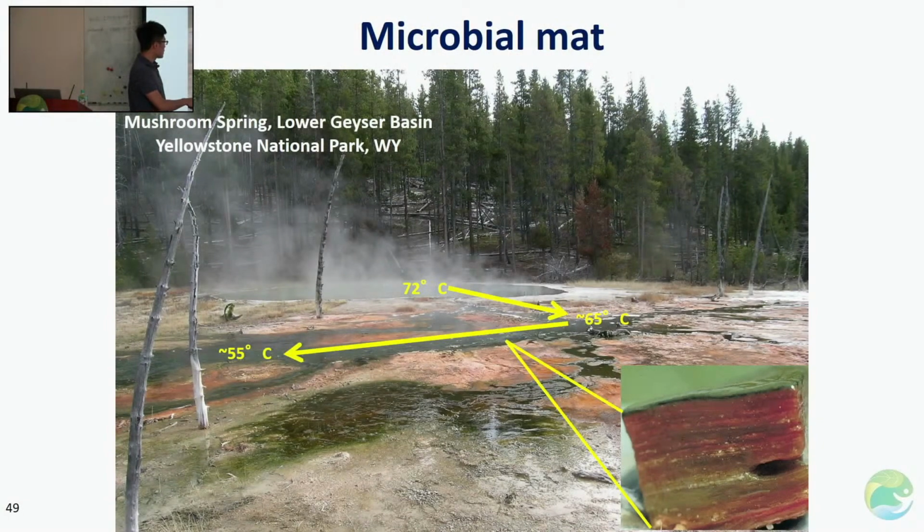This is a microbial mat in a hot spring. When you section it, you see only the top layer is green, so light cannot penetrate too much. This very dense layer of microbes harvests almost all the light there. And at the lower layer, they can probably only use far-red light for growth.